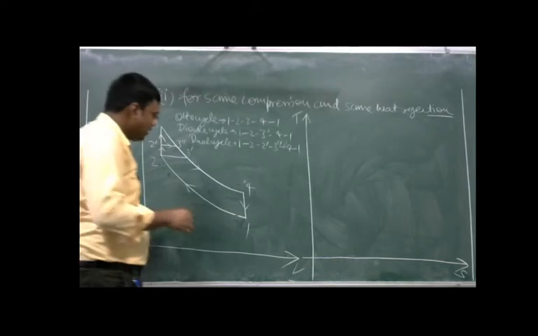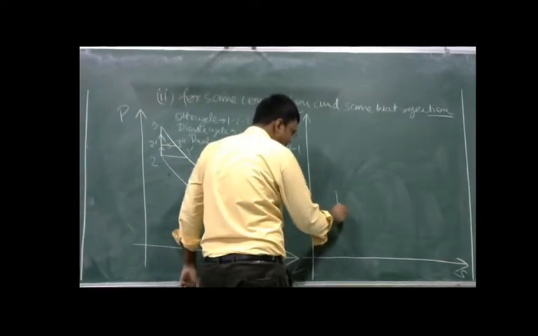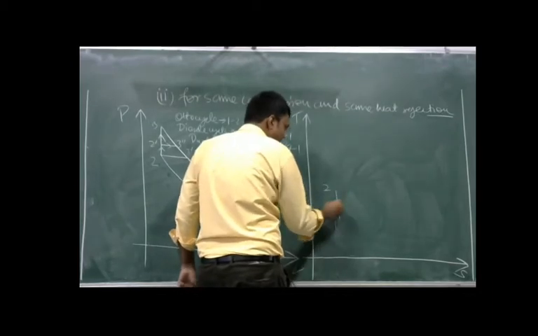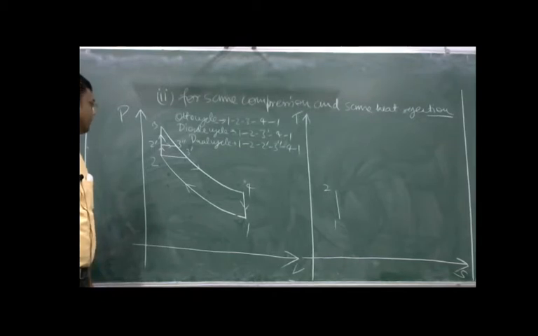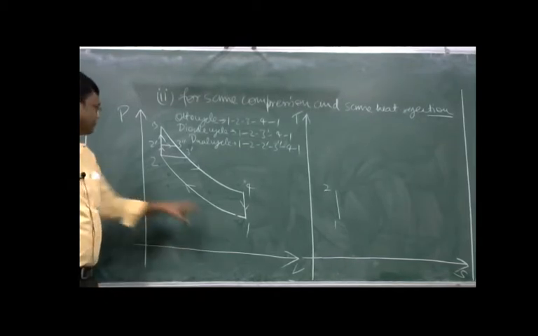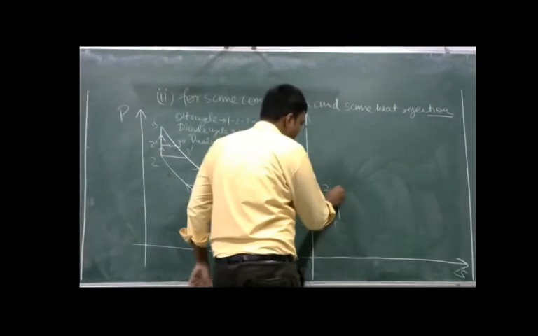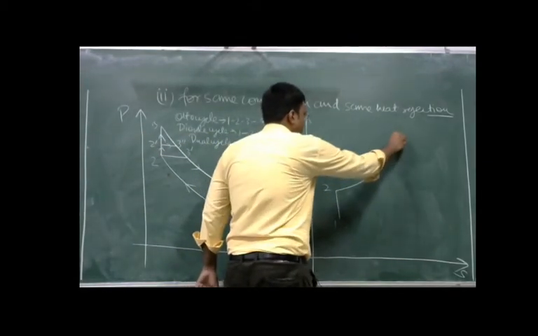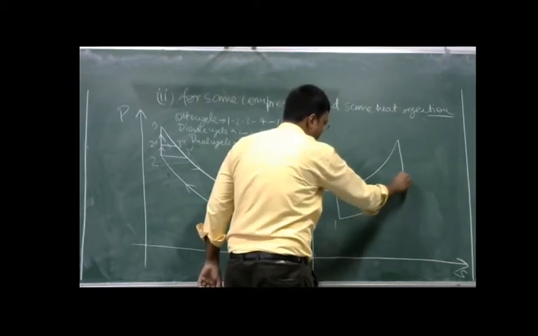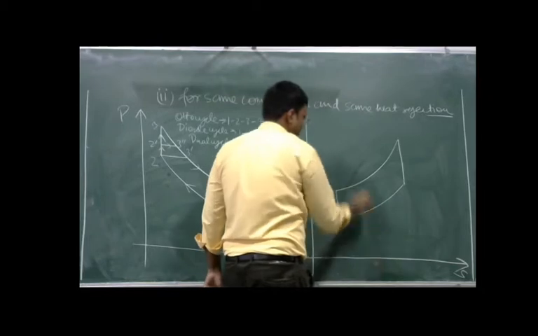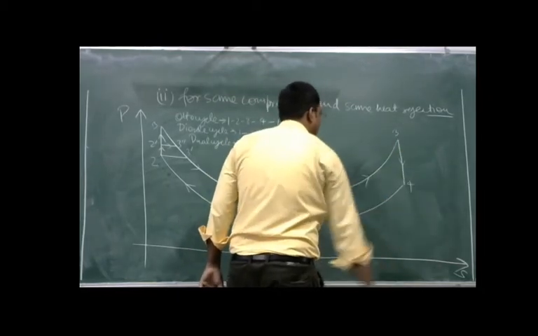This will be a straight line. First I am drawing Otto cycle: 1 2 3 4.